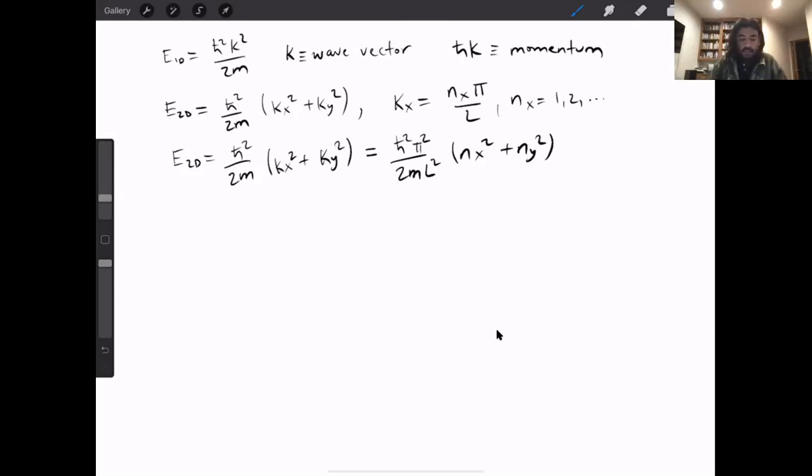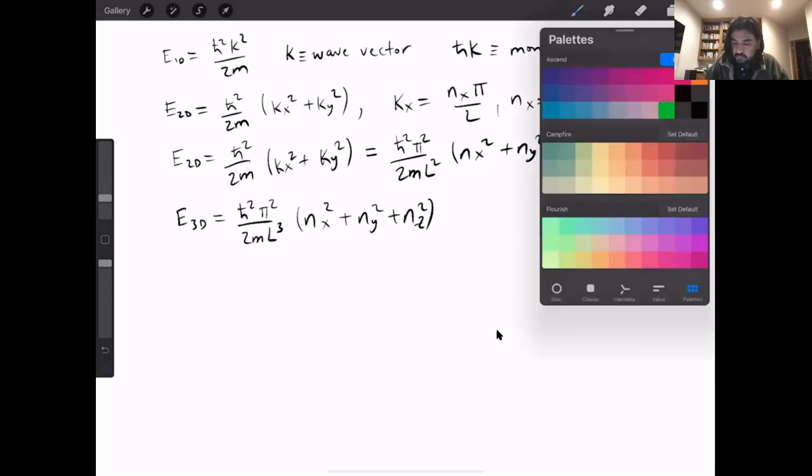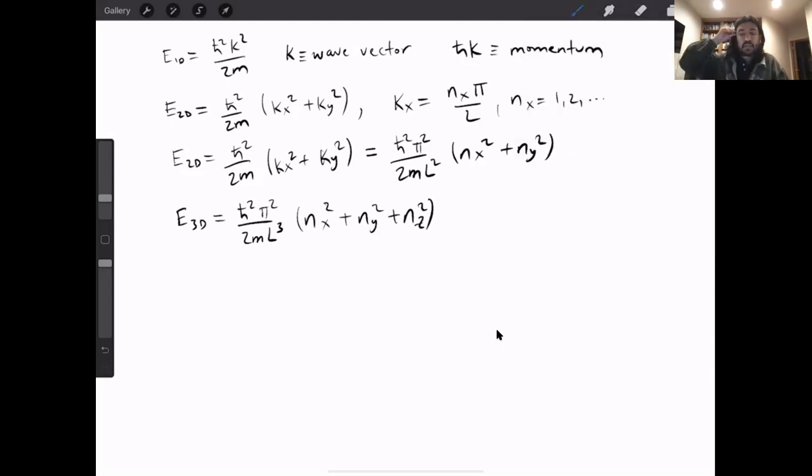And then there's another one in 3D, which is the same thing. But now you have nx squared plus ny squared plus nz squared. Any questions so far?